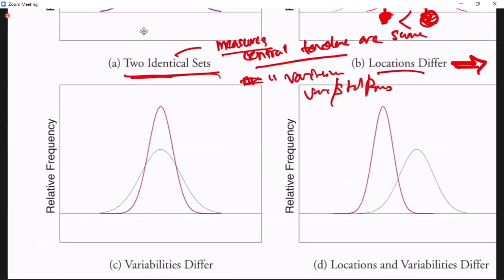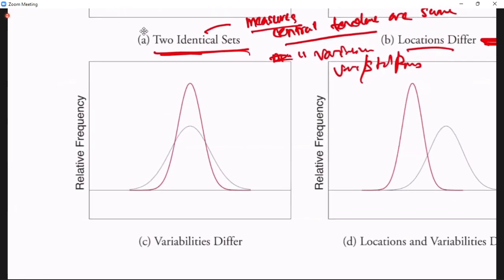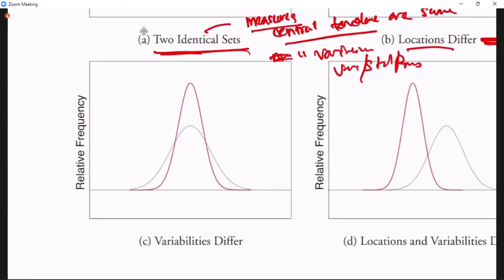If you look at the relative frequency histogram of particular data sets, you can say there are differences. You can just compare their values.